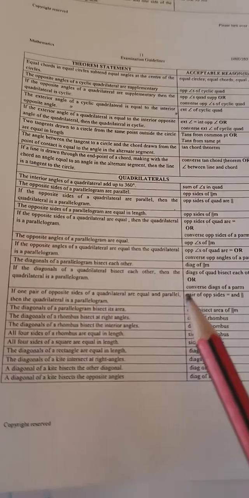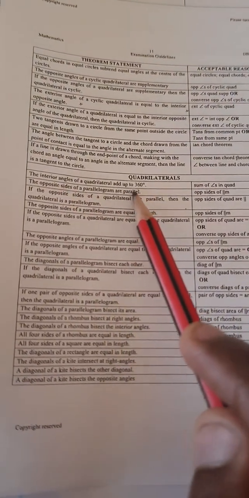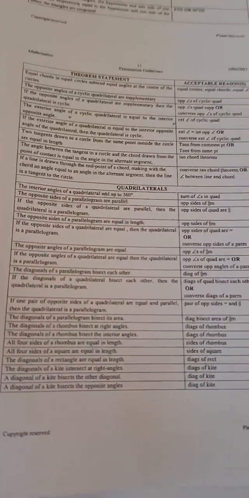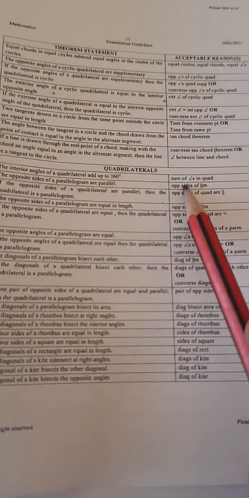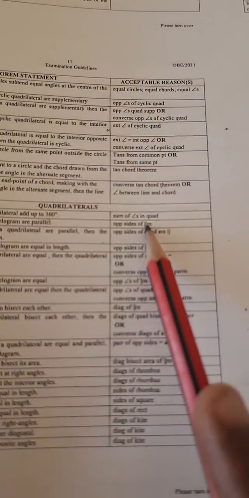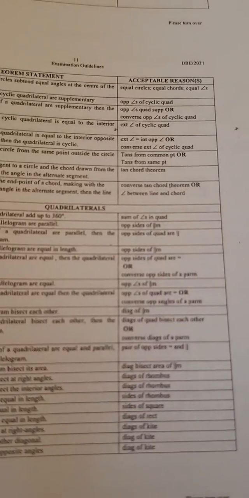That's an acceptable reason. Second, the opposite sides of a parallelogram are parallel. Whenever you use this property, the acceptable reason is opposite sides of parallelogram, with the short form being a parallel-lines symbol with an M.